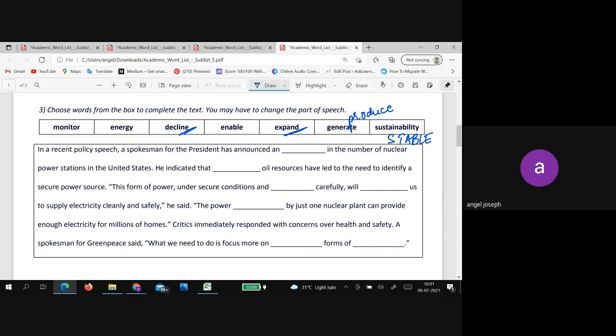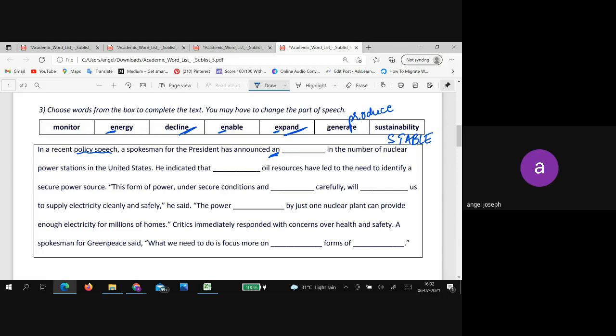In a recent policy speech, a policy means bringing a change. While talking about a policy, the spokesman for the president's cabinet has announced, and now we saw this word 'an', so the word has to start with a vowel. We've got 3 words with vowel forms.